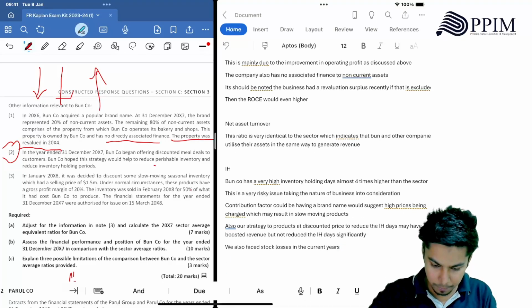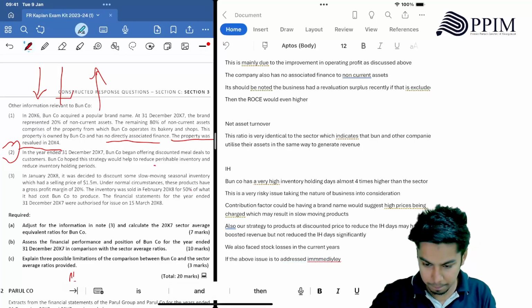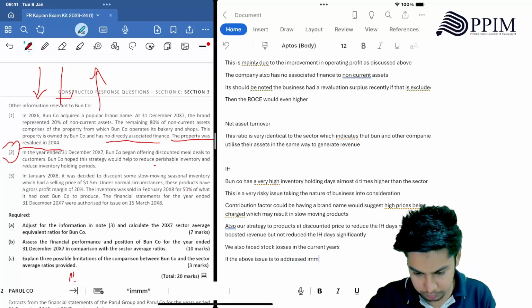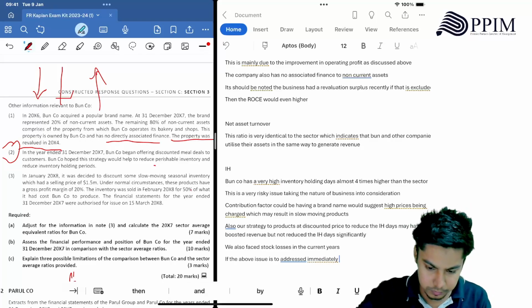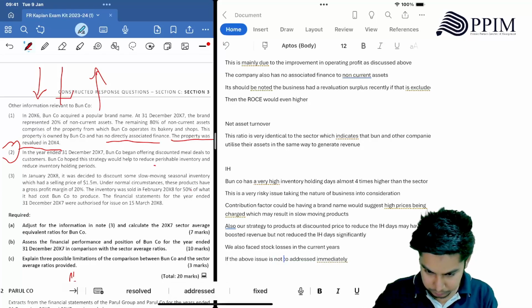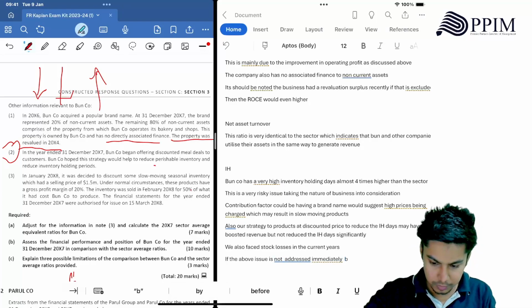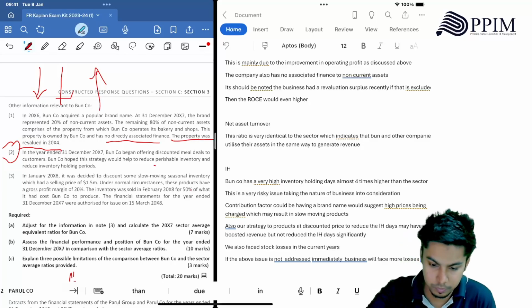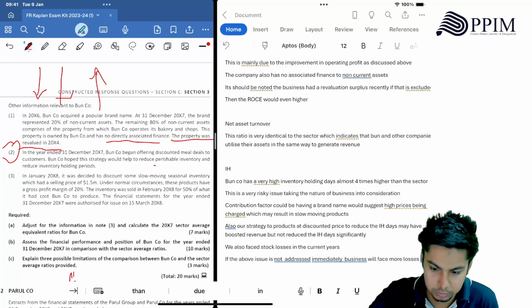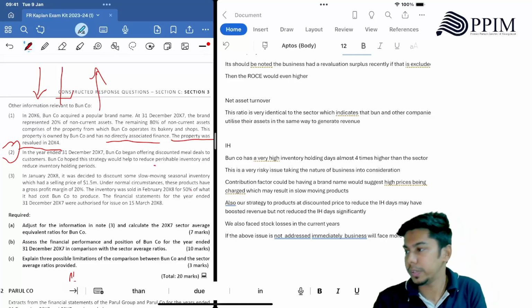If the above issue is not addressed immediately, the business will face more losses.